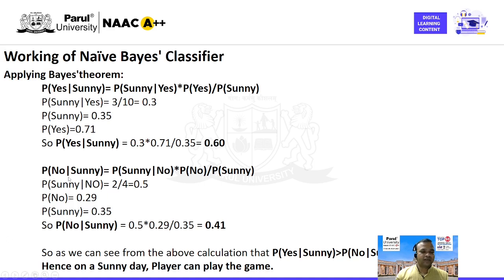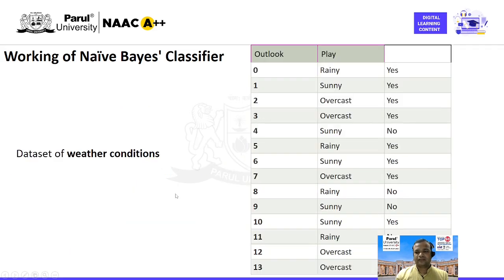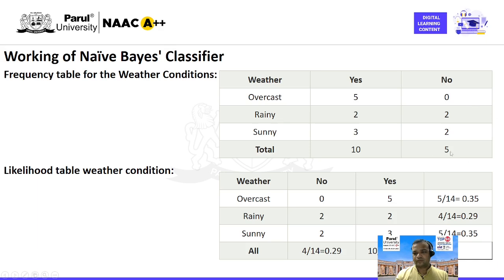Okay, similarly you need to calculate here probability of no over sunny is equal to probability of sunny over no multiplied by probability of no divided by probability of sunny. Just put all values in this given formula. For example, for no probability of sunny, how many? No, 2. Total is 4.